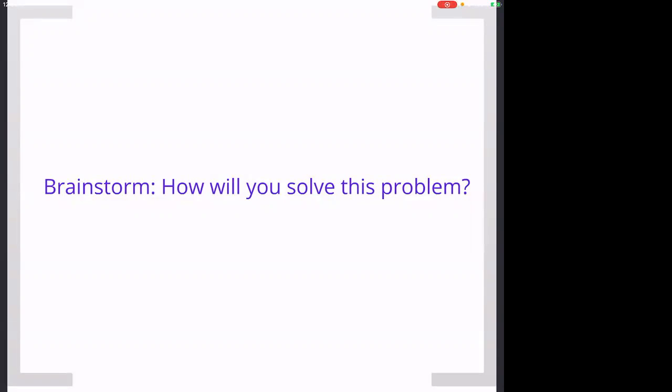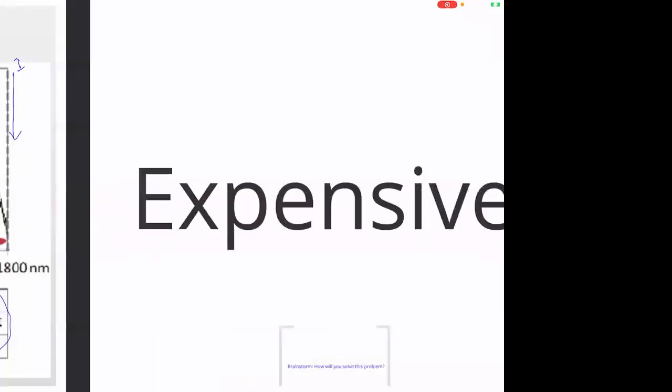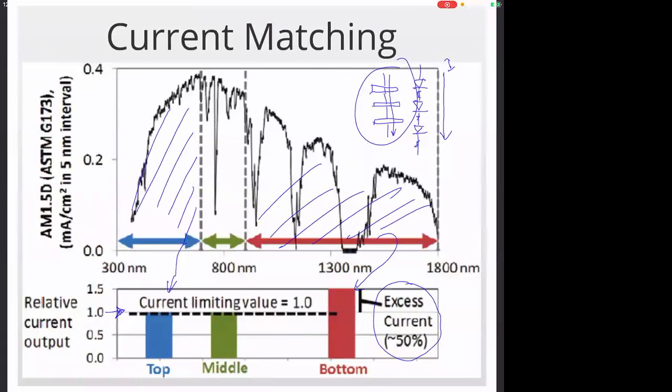So again, the problem is that the solar cell does not match a single band gap, and even if you used multiple band gap materials, the solar cell still doesn't completely match because of these problems that I mentioned. So I want you all to think about how you would solve this problem before I go into some ideas that we have been working on to solve this.